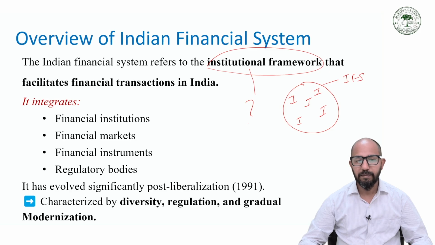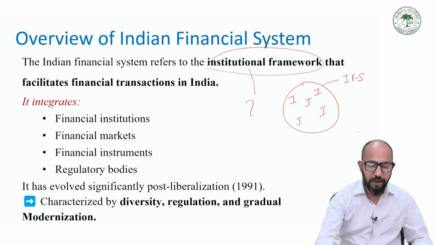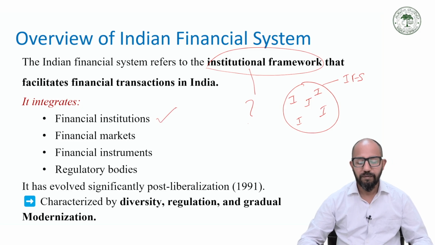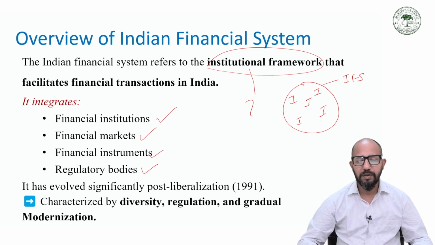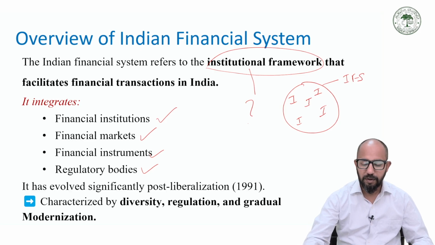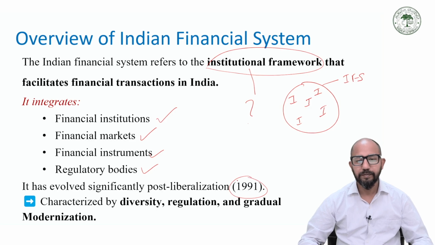The Indian financial system integrates several aspects and entities such as financial institutions, financial markets, financial instruments, and regulatory bodies. All these together form a financial system, but all these things also focus on the institutional framework. The Indian financial system has evolved significantly in the post-liberalization period, that is, after 1991.